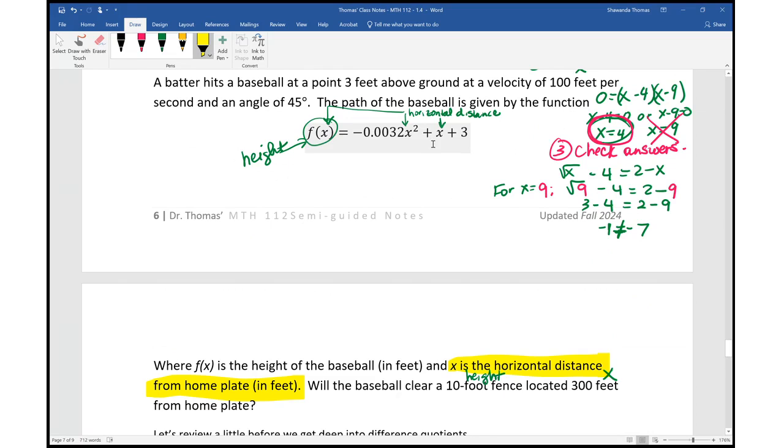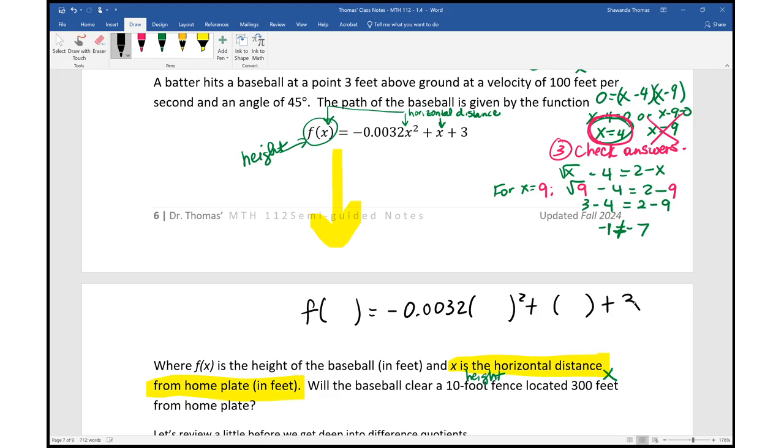So we need to plug in 300. This is our function right here. Let's plug it in. f of 300 equals negative 0.0032 times parentheses squared, and I'm putting parentheses wherever we're going to drop in 300.